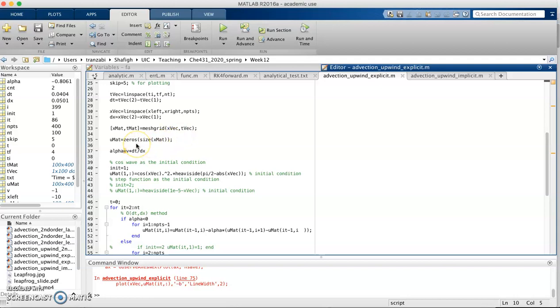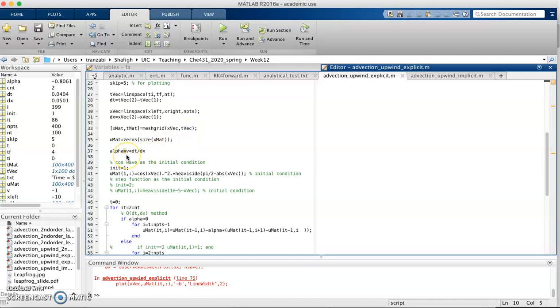All right, so we create a matrix called U, or you can call it concentration matrix or the velocity matrix. So this matrix has number of columns equal to the number of x values, and then number of rows equal to the number of t elements.